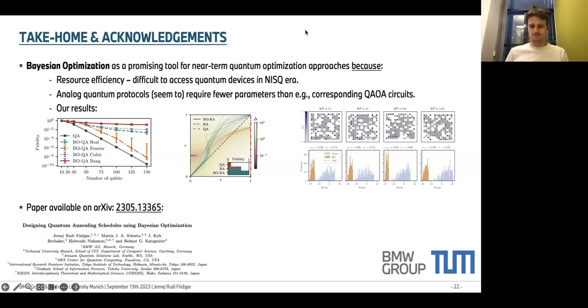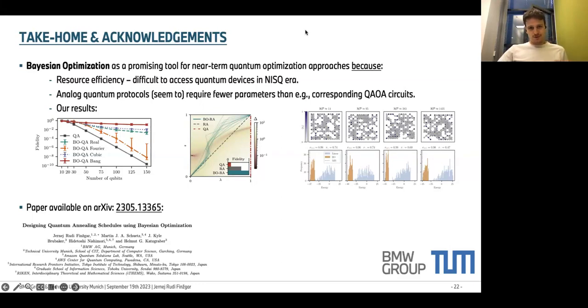So you have access to large system sizes on the one hand, and relative resource efficiency on the other hand, especially compared to other approaches such as QAOA, where you need to increase depth, and with that also the number of parameters that need to be optimized, and so on.